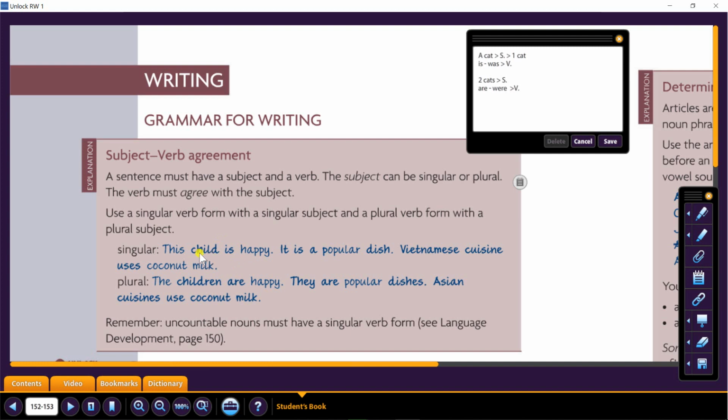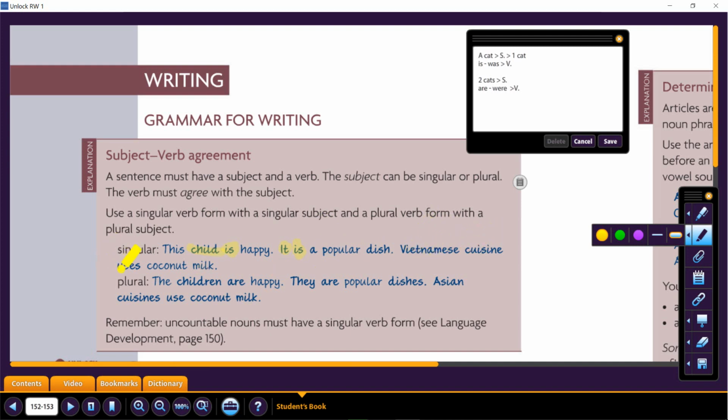So since this subject is singular, the verb needs to be singular as well. It is. Okay, it is. Since it is singular, is needs to be singular as well.